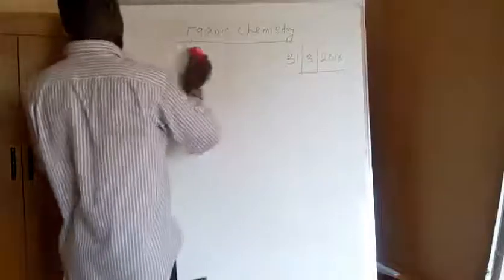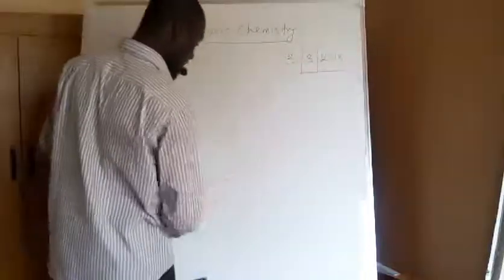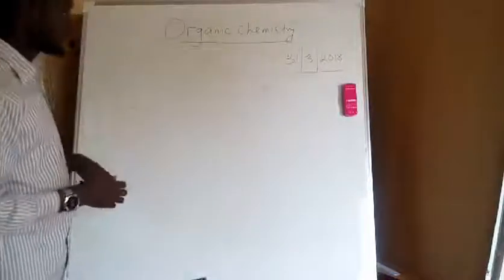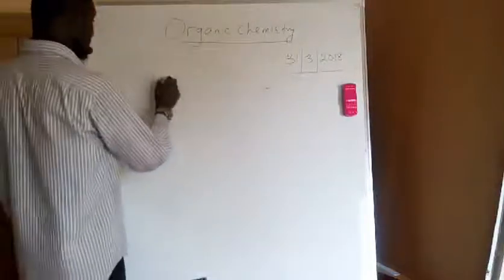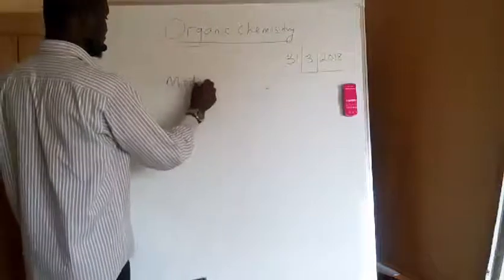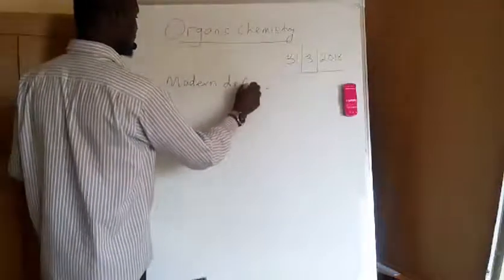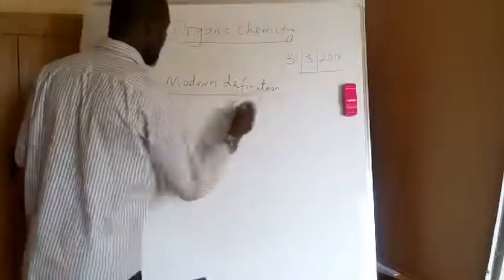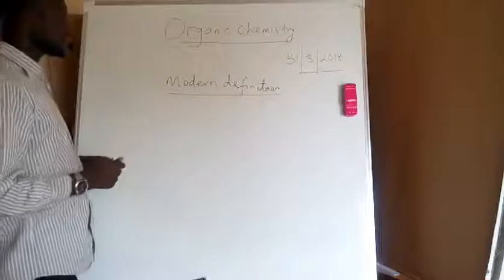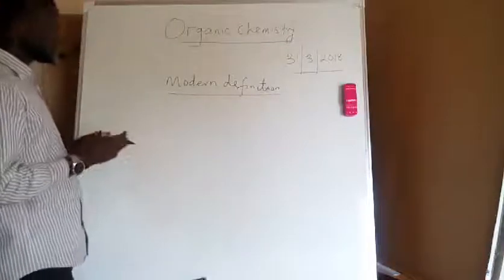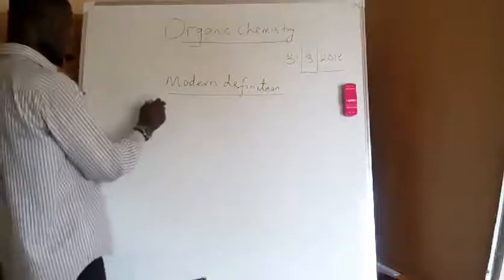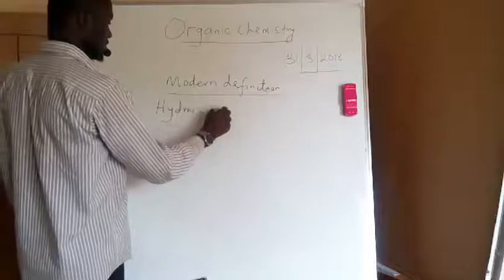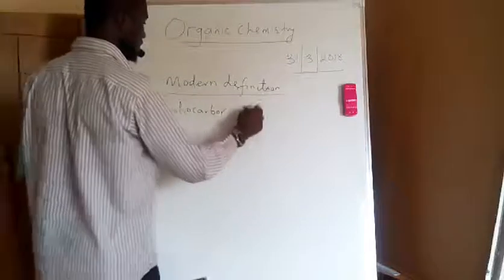But now we have another definition that is widely accepted as the definition for organic chemistry. The most accepted definition is called the modern definition. The modern definition of organic chemistry says organic chemistry is the study of hydrocarbons and their derivatives.